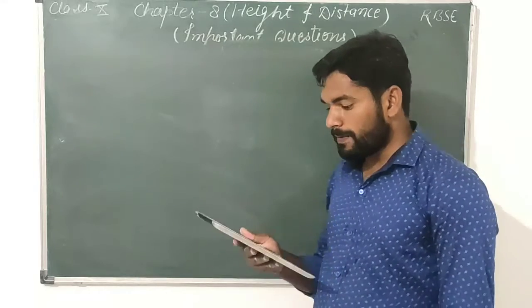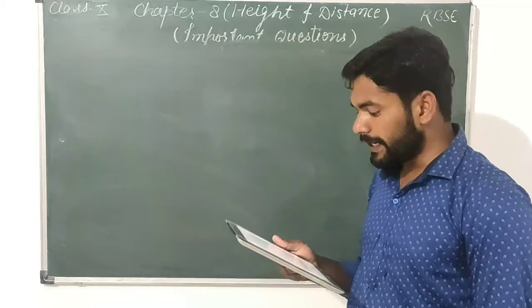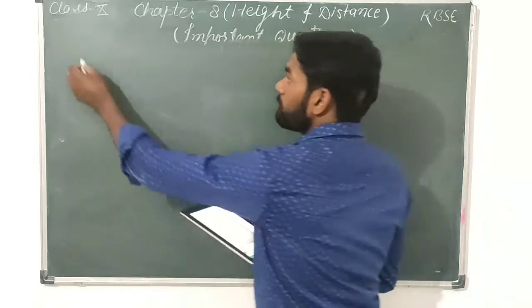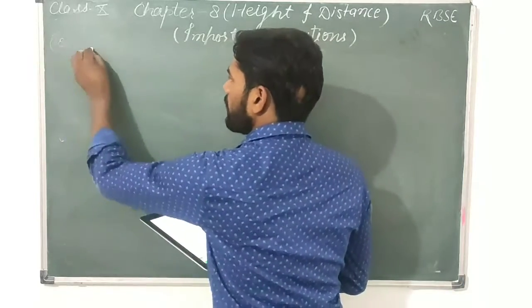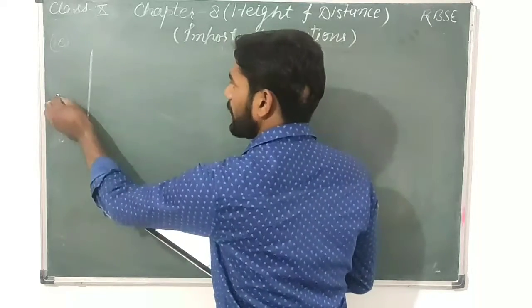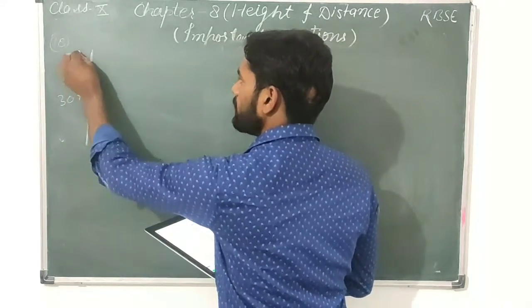A 1.5 meter tall boy is standing at a certain distance from a 30 meter high building. What is the given value? A building is given, and the height of this building is 30 meter.